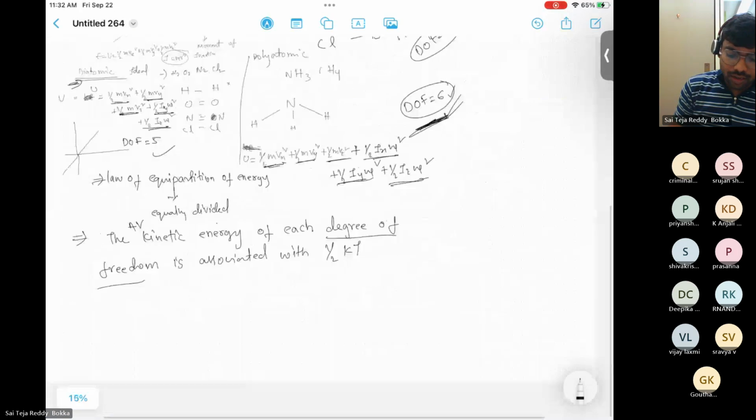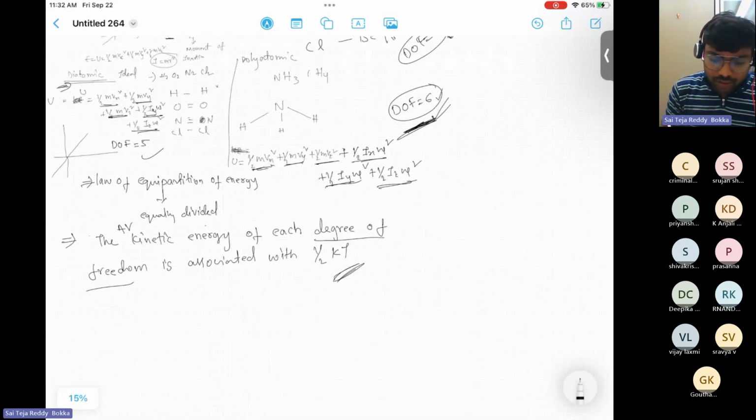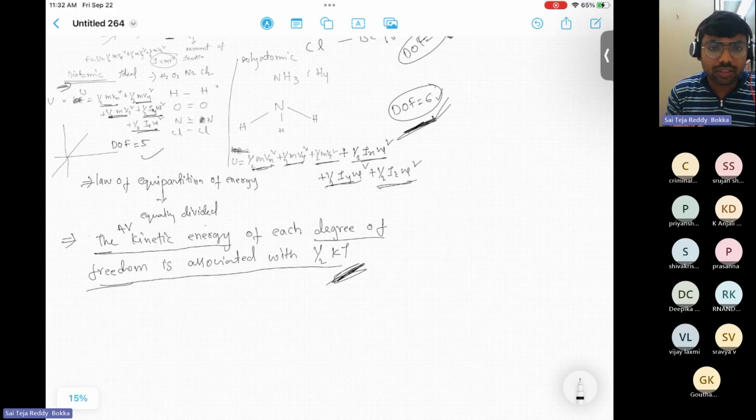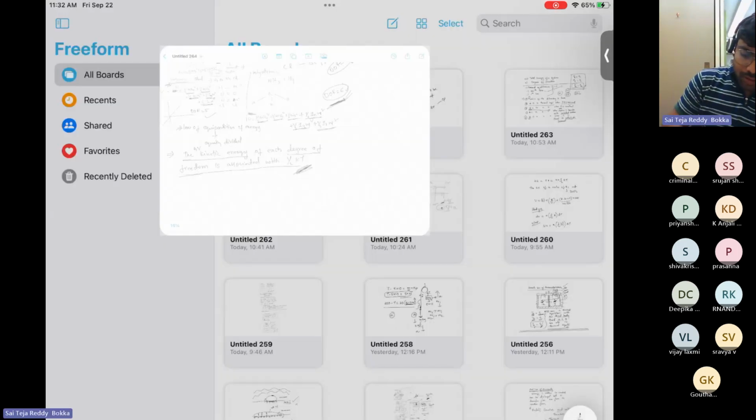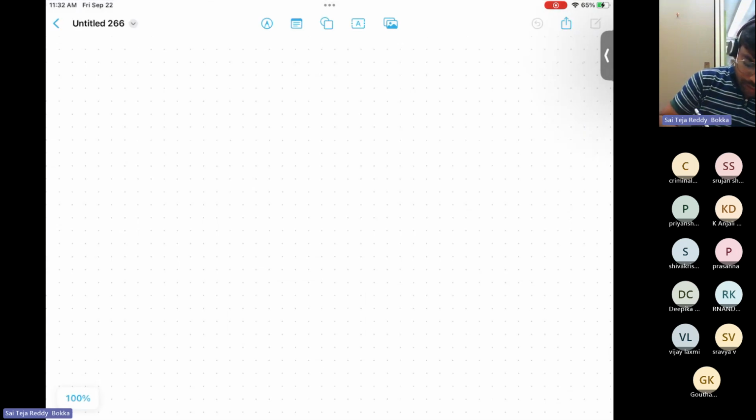So did everyone write this definition? The average kinetic energy of each degree of freedom is associated with half kT. Did everyone write this? Yes. So I'll write the definition again.